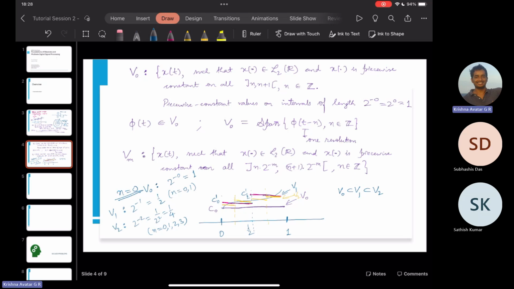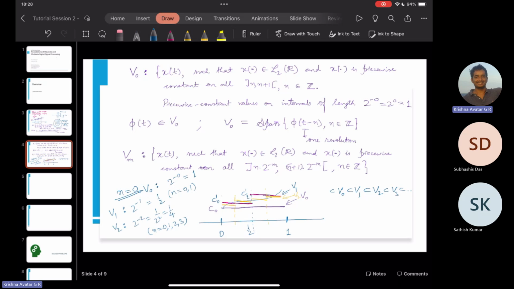Now, using what we learned in maths as the principle of mathematical induction, we can move a step forward and say this will be a subset of V3, and likewise it goes on and on till m is equal to infinity. Of course, we'll never reach it, but yeah.